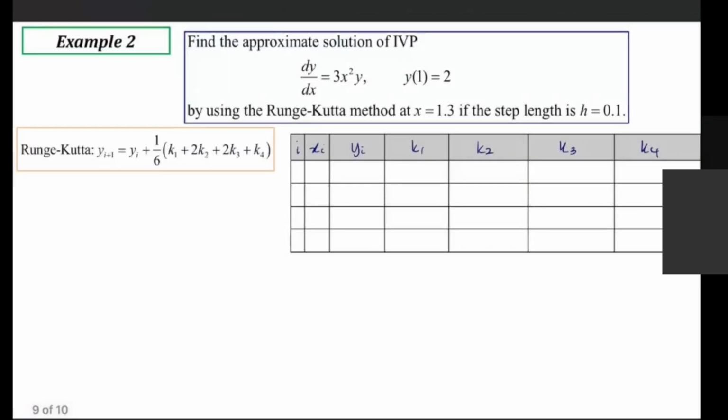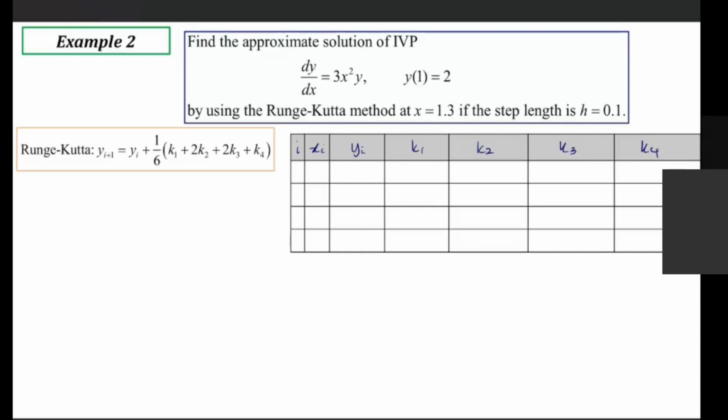Okay, let's look at example 2. Find the approximate solution of the IVP using the same example as example 1, but this time we use the Runge-Kutta method. For this method, you must draw a table like this. We have i, x, y, K1, K2, K3 and K4.